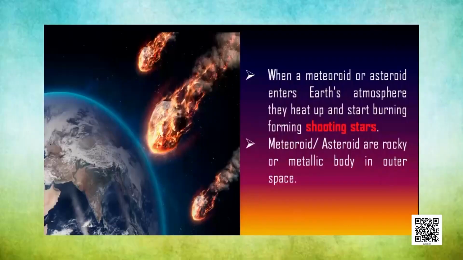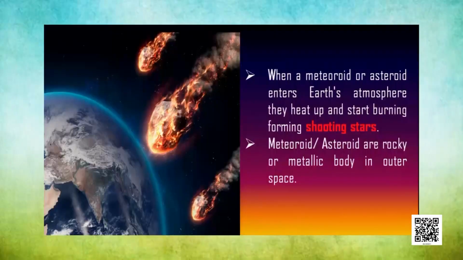We have discussed shooting stars. Okay, what are these meteoroids and asteroids? Meteoroids and asteroids are small, rocky or metallic bodies in outer space. I call them small because they are small in comparison to other stars, planets and other bodies in the sky.